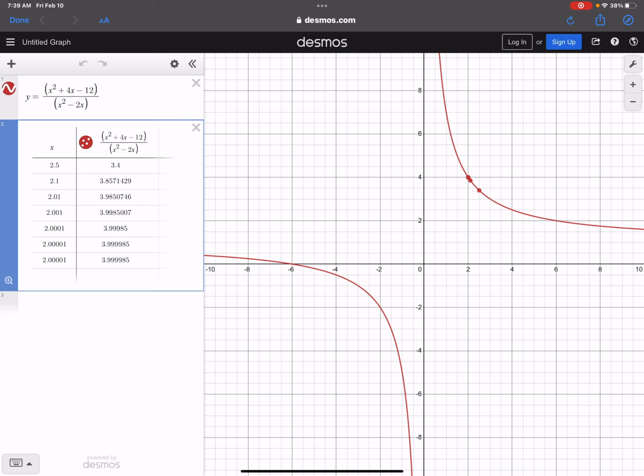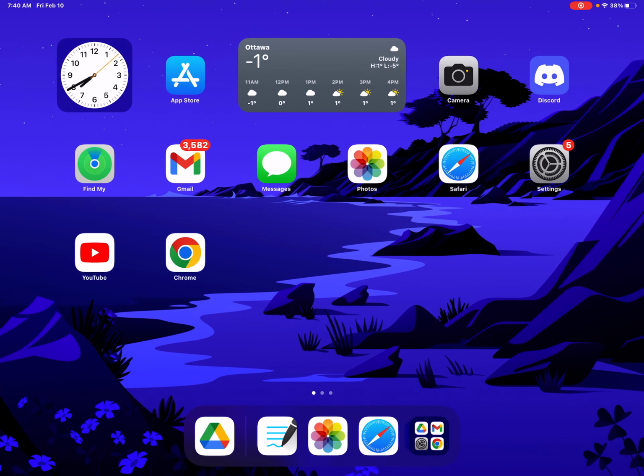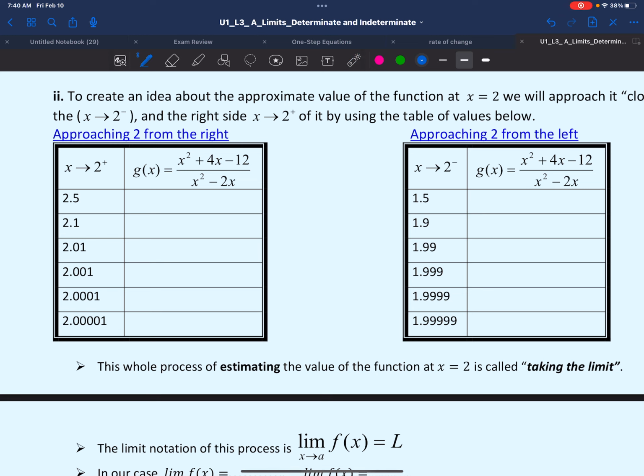So here is the graph of the function, and if we are getting closer to x equals 2, you see that the values of y are getting very close to number 4. So I'm going to write this down here, and we're going to say that this is approximately equal to 4.